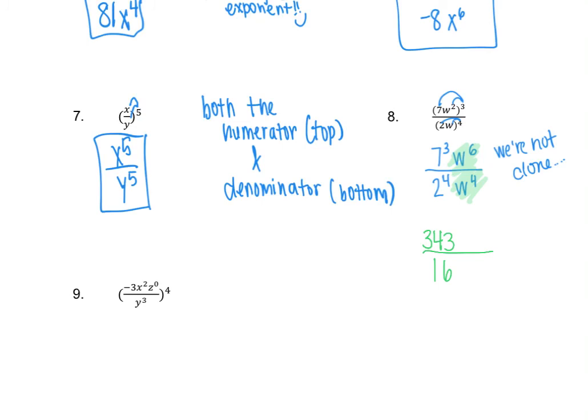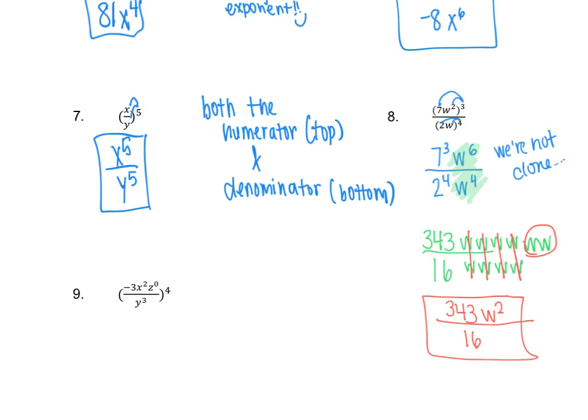But now, if I have 6 W's on top, and I have 4 W's on the bottom, how many cancel out, and how many do I have left, and where are they? Well, those are gone, those are gone, those are gone, and those are gone. I have 2 W's, and they're left on the top. So what do I have left? I have 343 W squared on the top and 16 on the bottom. And I'm done.